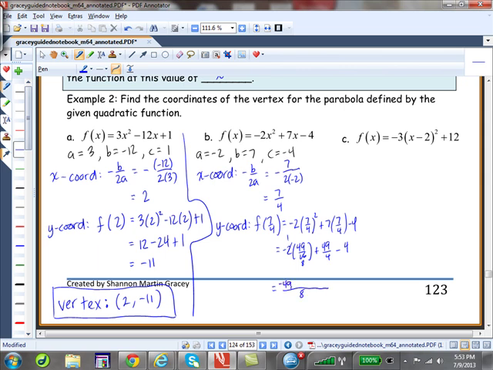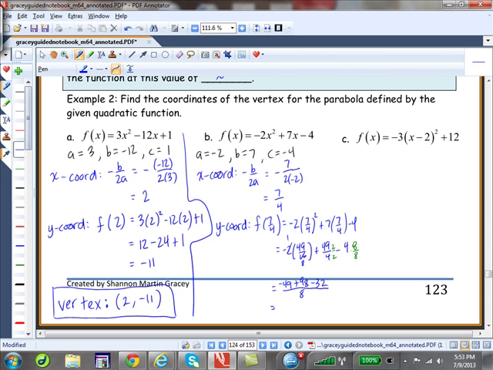We'll have -49 because that one already had the LCD. This one we need to multiply by 2 over 2, and the 4 we need to multiply by 8 over 8. So we'll end up with 98 for the middle fraction, and then minus 32.